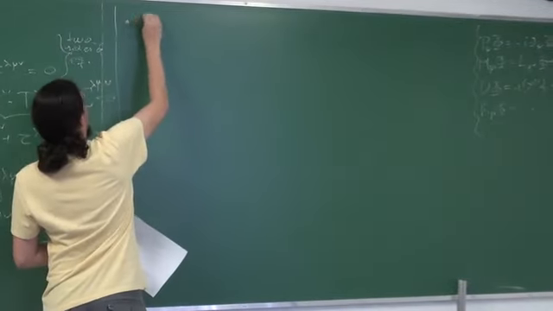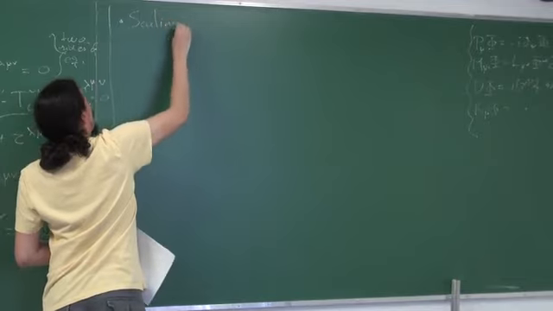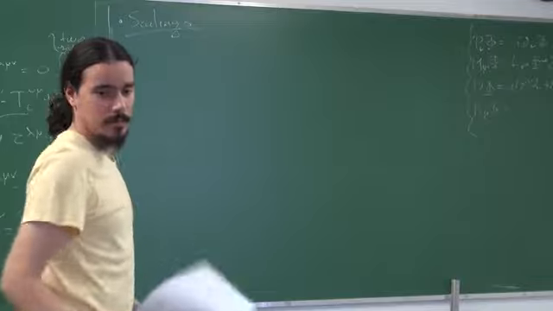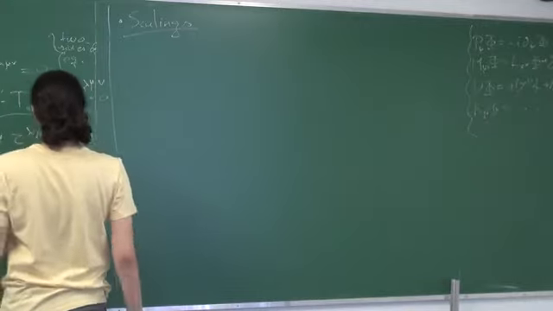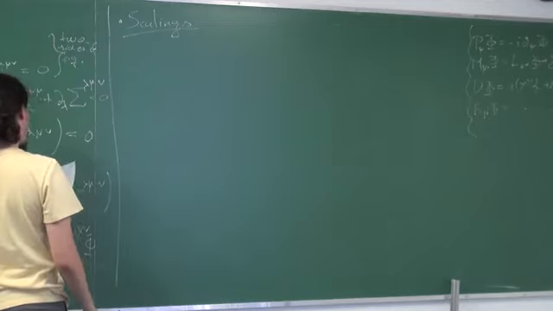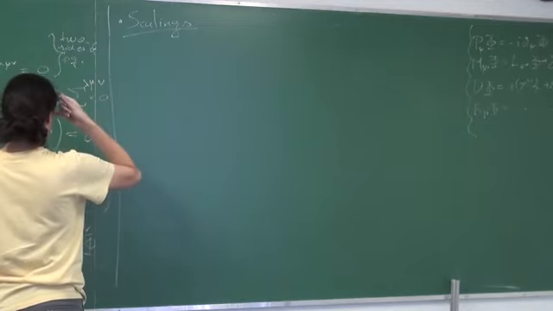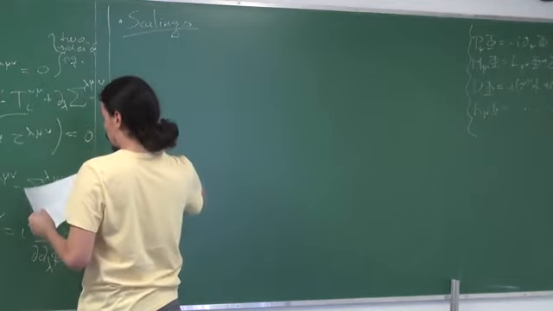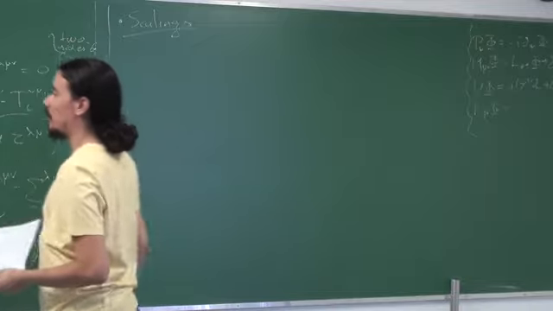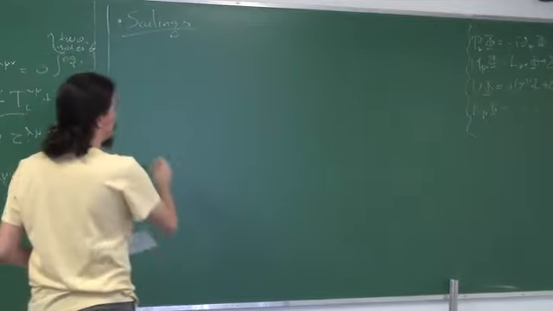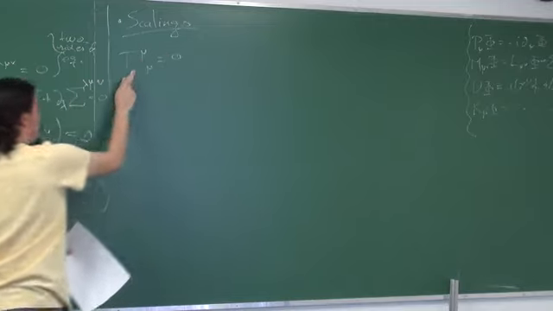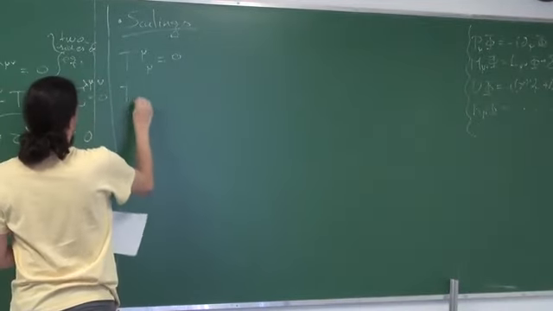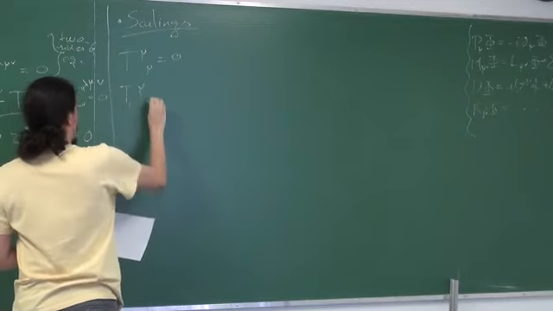So for scalings, the property we want is that the improved energy momentum tensor be traceless. What we got for the canonical energy momentum tensor was this.